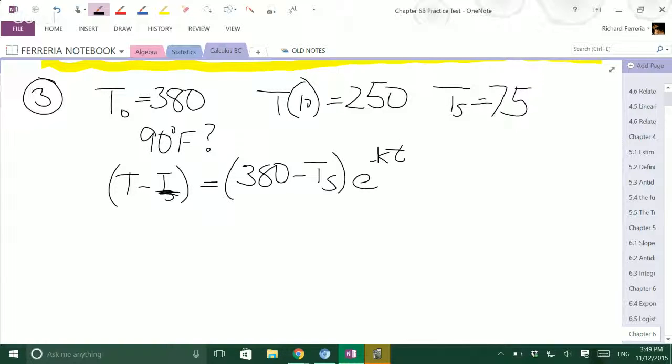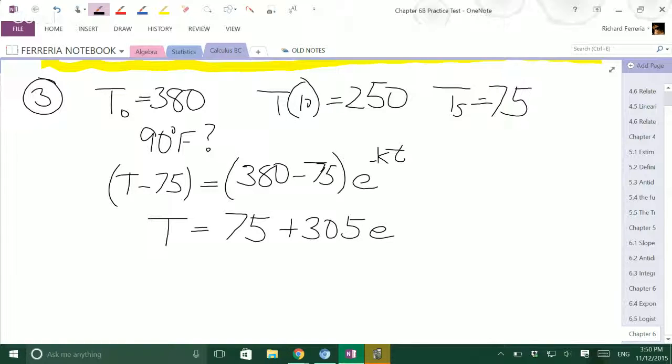And I'm sorry, I shouldn't have put TS there. TS is 75. Okay, that means the temperature is equal to 75 plus, is that 305? e to the negative kt.